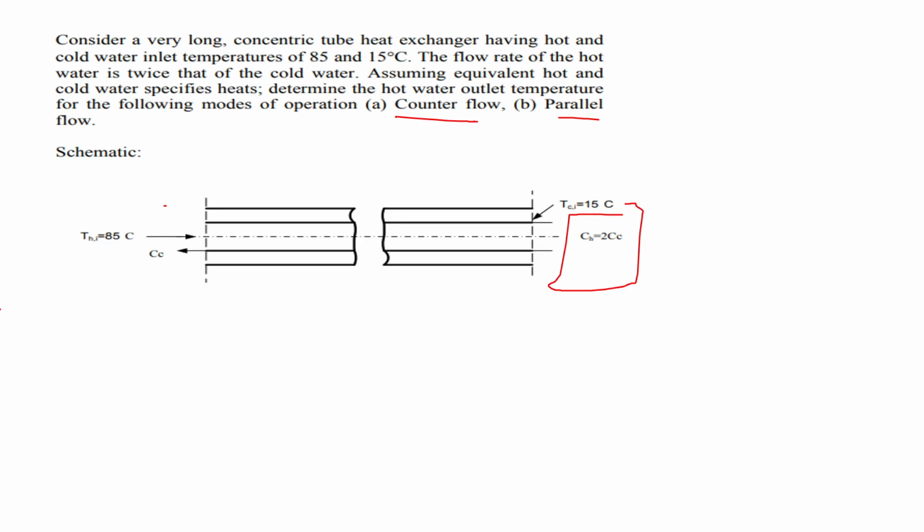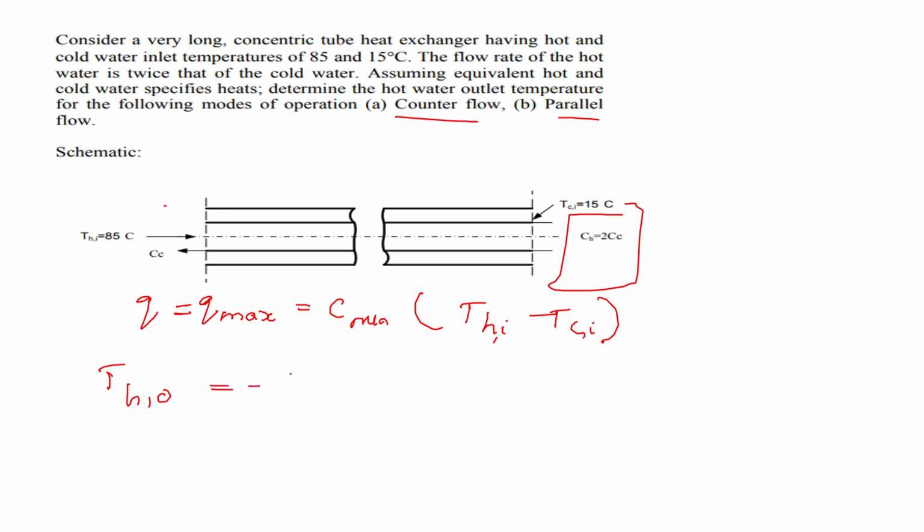For analyzing this, we can see in the figure a heat exchanger with a very large surface area, operating in the counterflow mode. First we will do the counterflow mode. Q is equal to Q maximum, so it will be C minimum times T_h,i minus T_c,i. Combining the above relations and rearranging, we have to find T_h,o, the outlet temperature. It will be minus C minimum divided by C_h times T_h,i minus T_c,i, plus T_h,i.